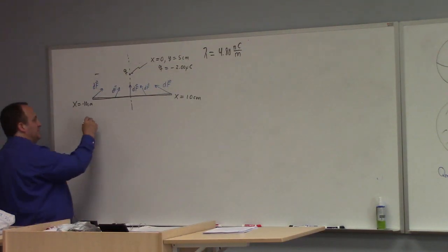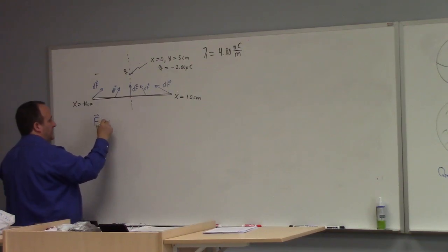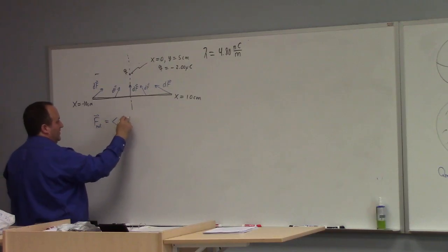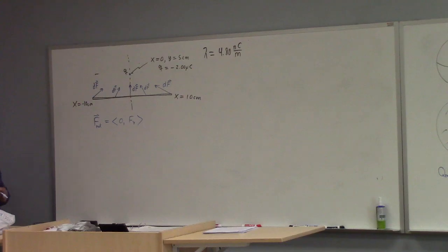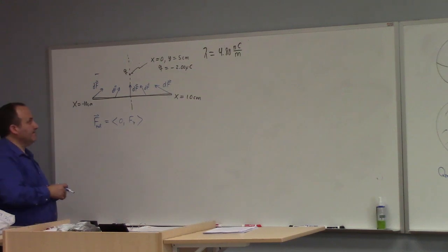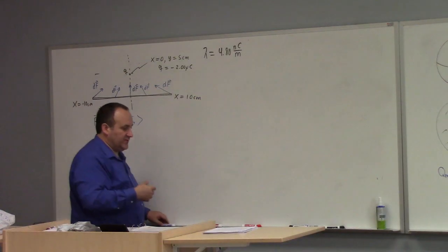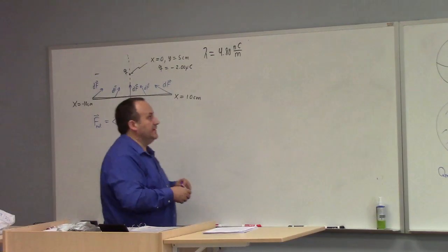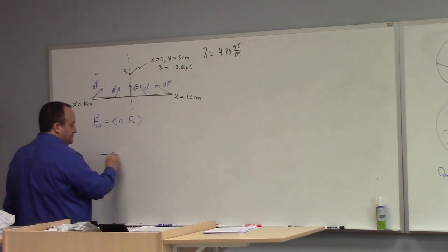So we see that the net force is equal to something like (0, Fy), right? And so we're going to have to figure that out by integration. What is dF here? So let me go back to basic principles, which is Coulomb's force, the Coulomb force law. I'll draw it down here.